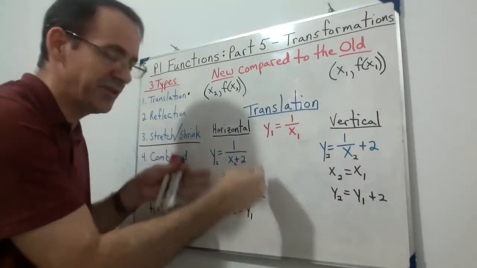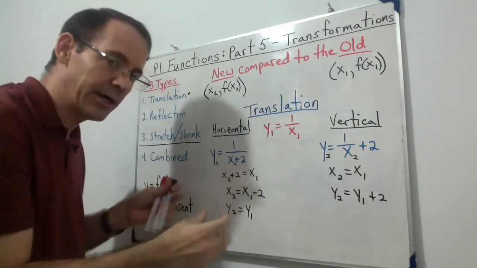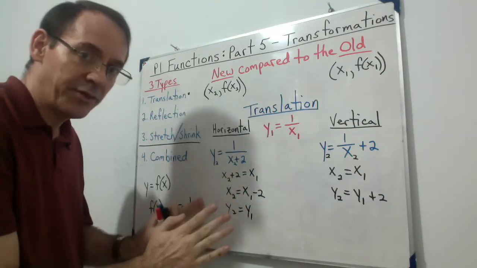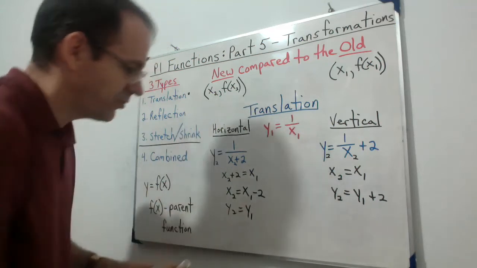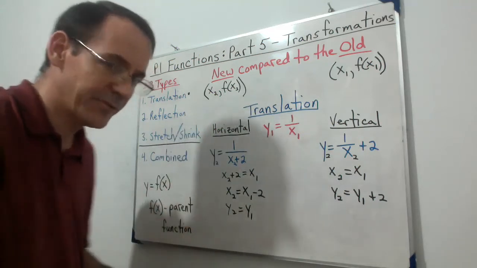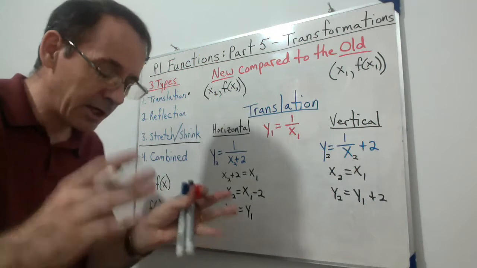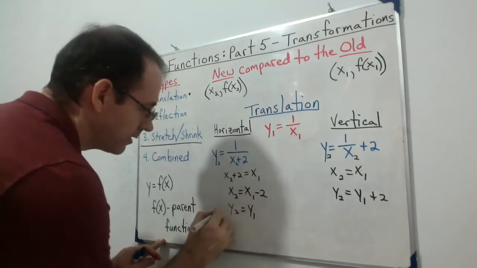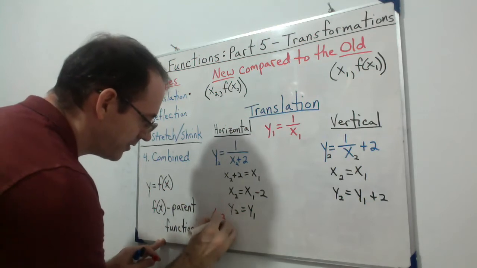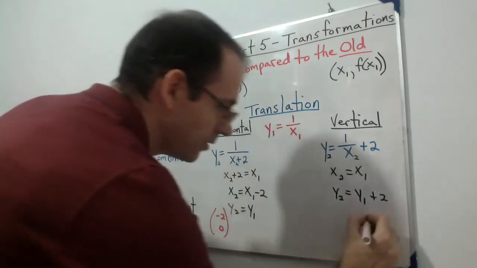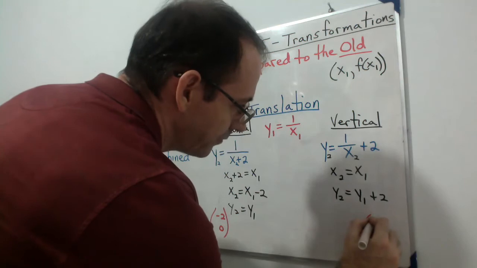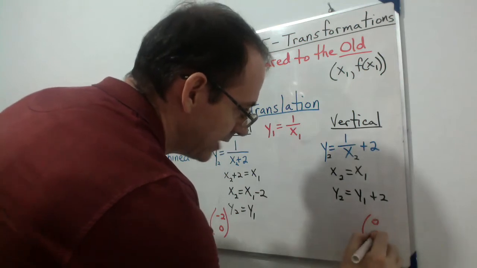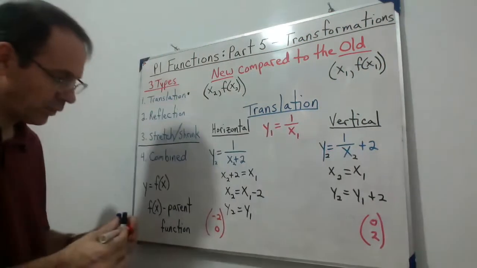So again, just to go over the algebraic part with numbers, the column vector would be -2 for the x, no change on the y. Over here, it would be no change on the x and 2 on the y.